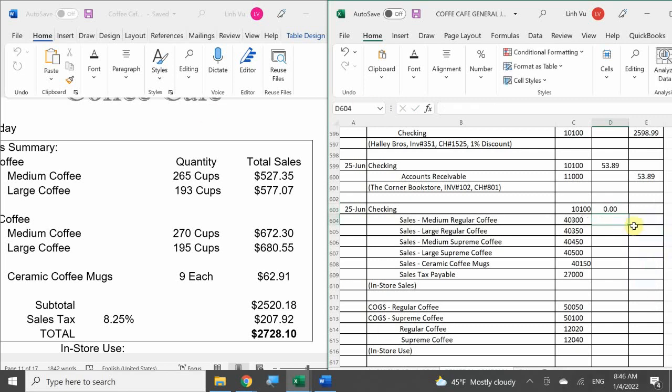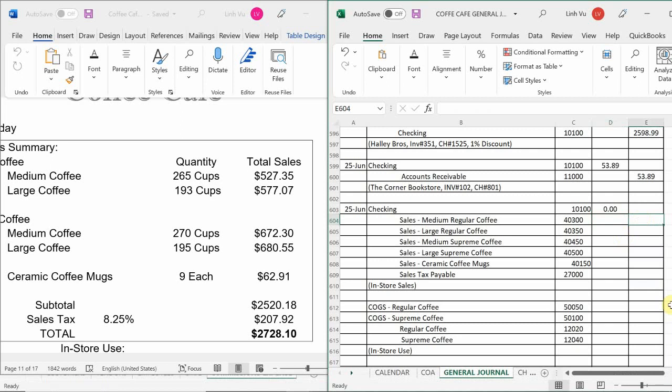Okay. So how much was the sales for the medium regular coffee? $527.35. The large regular coffee? $577.07. Medium supreme coffee? $672.30.